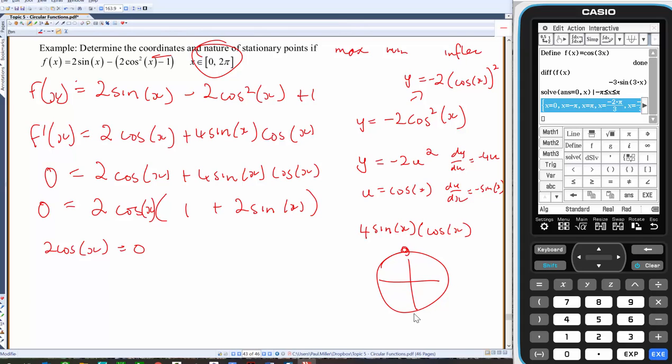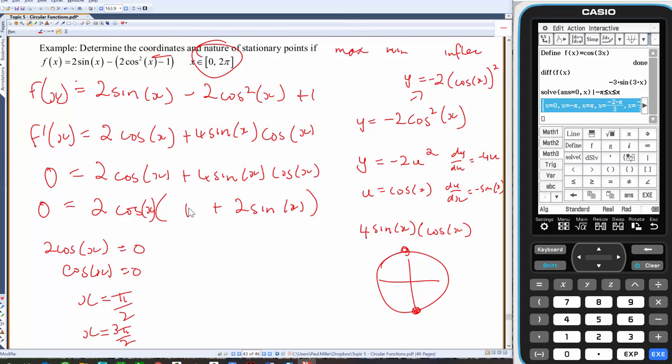Cosine here, there, and there. So that's going to be cosine x equals 0. So I'm going to divide that by 2, and x is equal to pi on 2, and x is equal to 3 pi on 2. Right, and then we're out of domain.